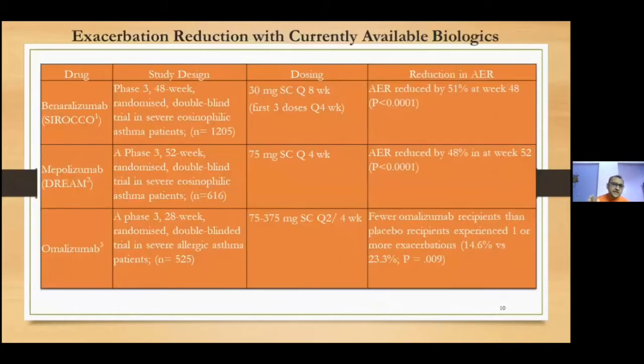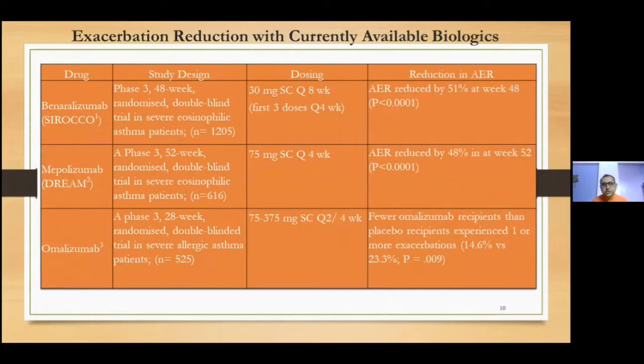So now in the clinical trials, what are the results available with this type of biologics? If we go by benralizumab, they reduce the acute exacerbation rate by 51% at 48 weeks.